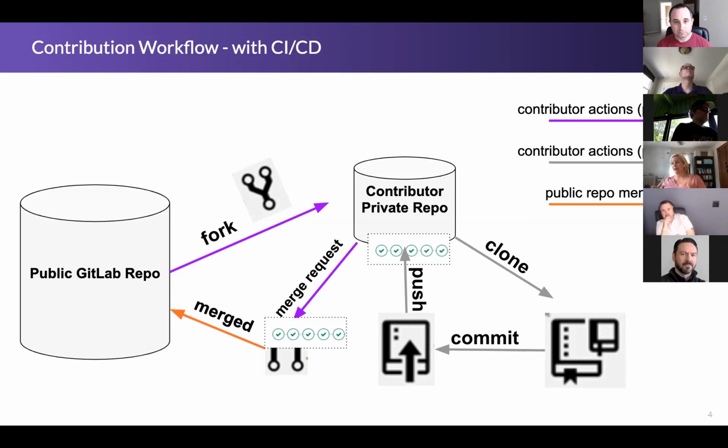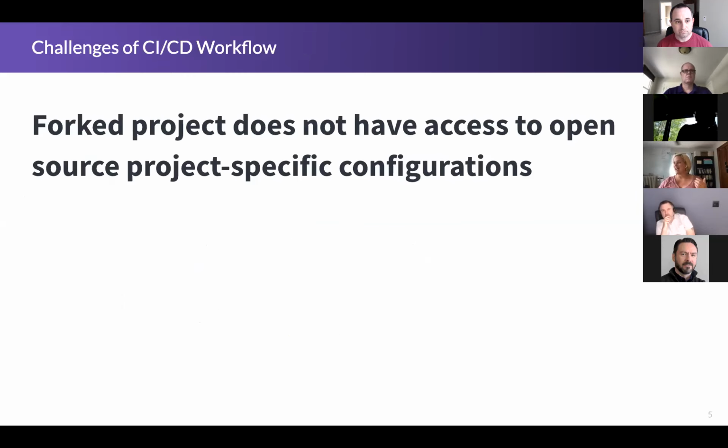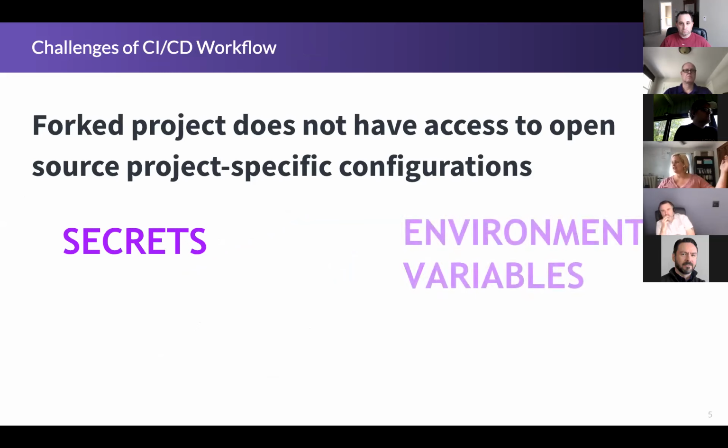So it sounds really great, but there's more here than meets the eye, because in a forked project, you don't have all of the project settings that you have in your original open source project. You have the source code and the CI file, but you don't have things like secrets that are defined in that open source project and other environment variables that you might need to run a pipeline effectively.